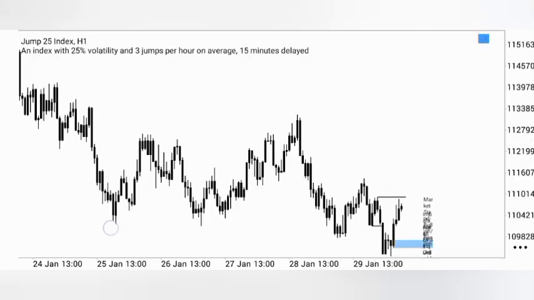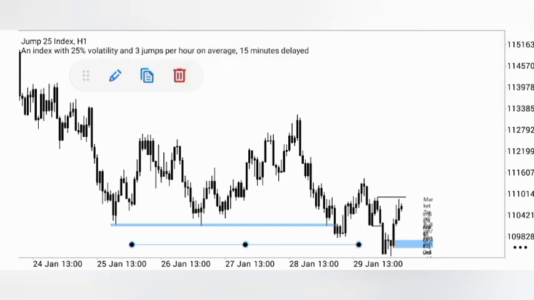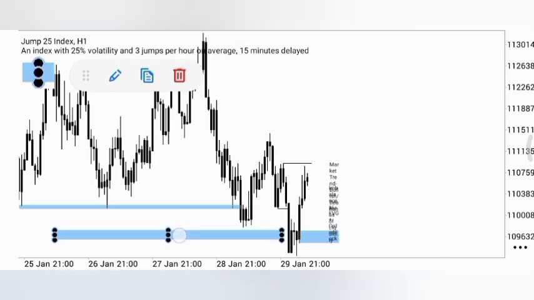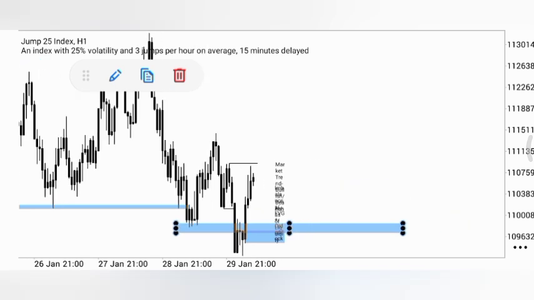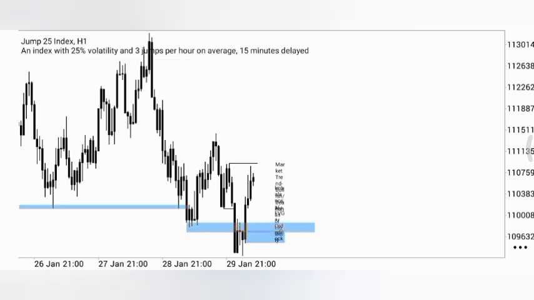So for me, the first thing that I actually see is that price did break structure to the downside, and this simply means that liquidity was taken. This is the last low that we actually had on this market, right? And then price grabbed liquidity, price broke this low and then came back into this range, right?